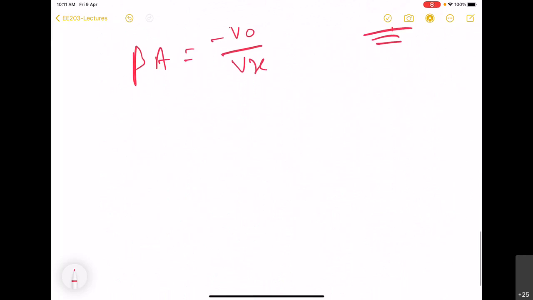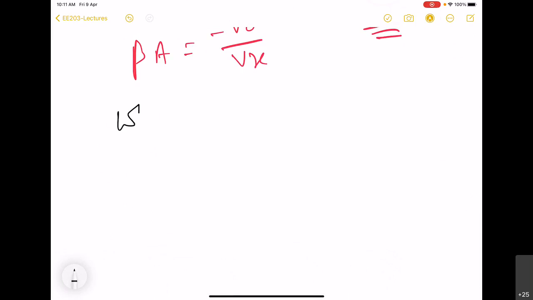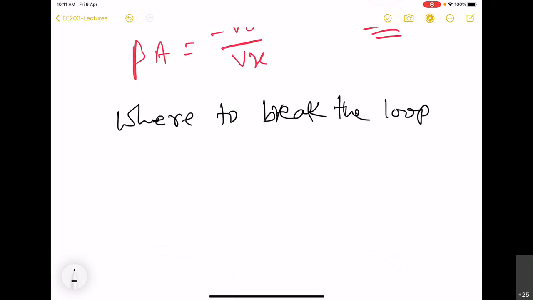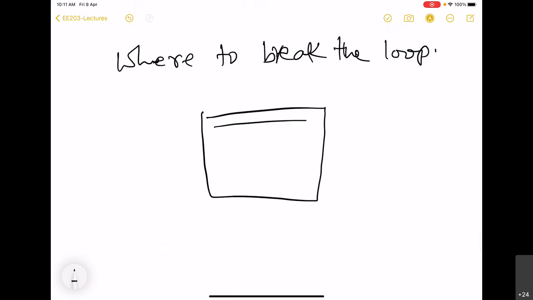Now coming to step 2, where to break the loop. Say in general we have this loop.